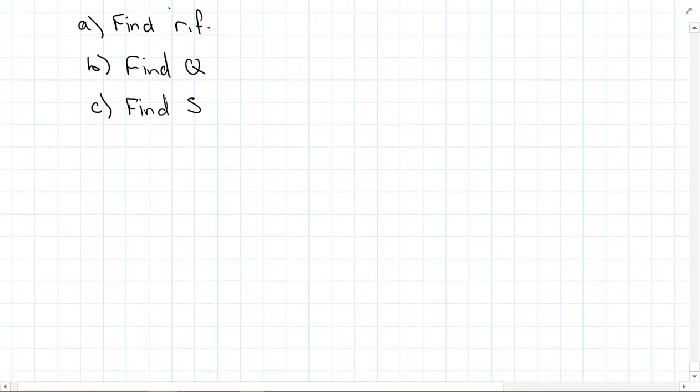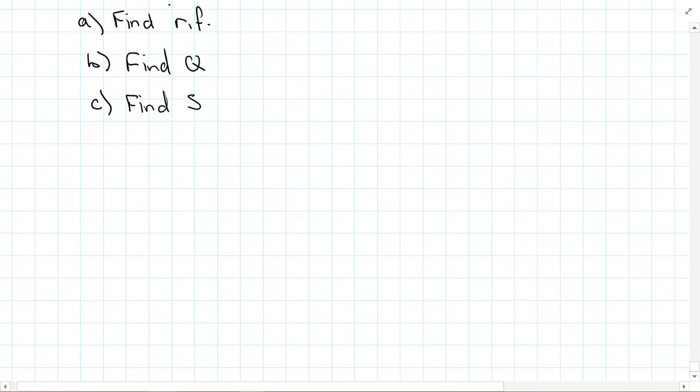Alright, so how do we get the reactive factor? Well, remember, we wrote this equation in one of our lessons. We haven't really used it yet, but power factor squared plus reactive factor squared is equal to 1. So we have 0.8 squared plus reactive factor squared is equal to 1.